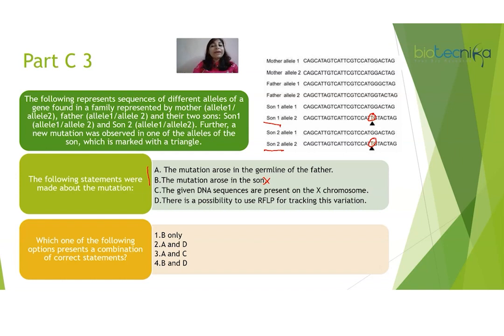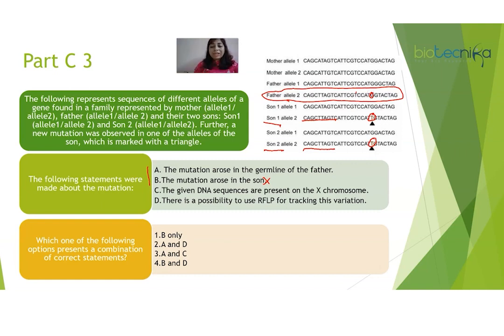Now, did they get it from the father or from the mother? Let's check. So here, what do we see? When you compare the sequence here, you will see that this sequence matches exactly with that of the father's allele 2. If you skip this position, apart from that, all the sequence is matching here.